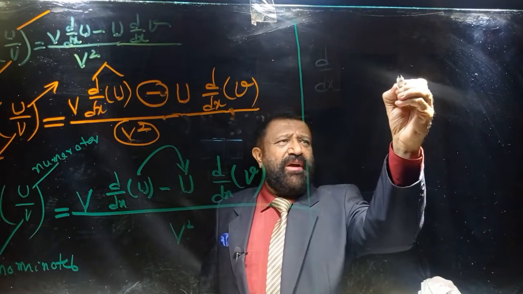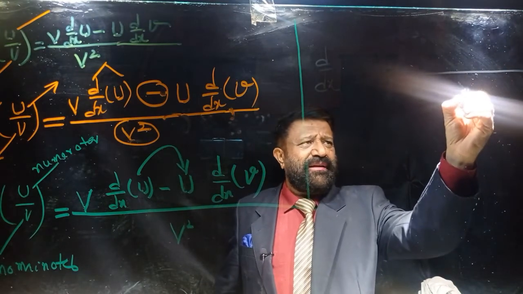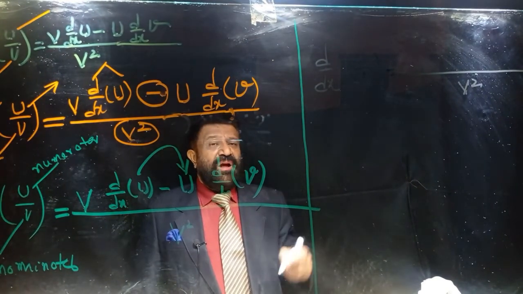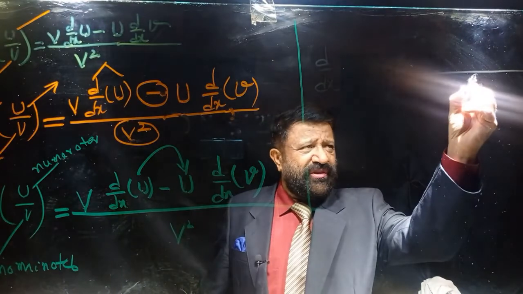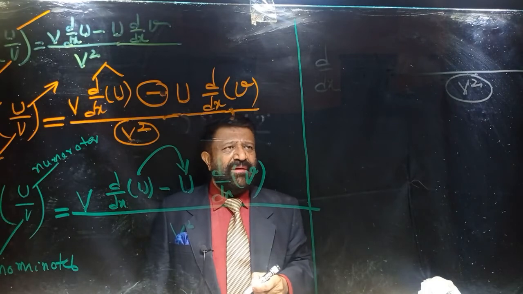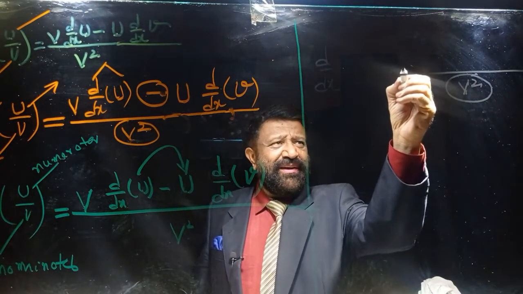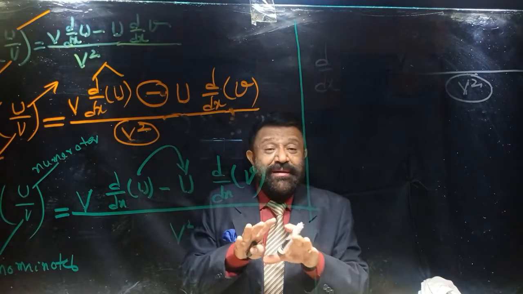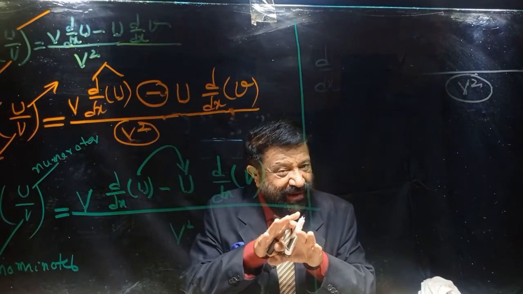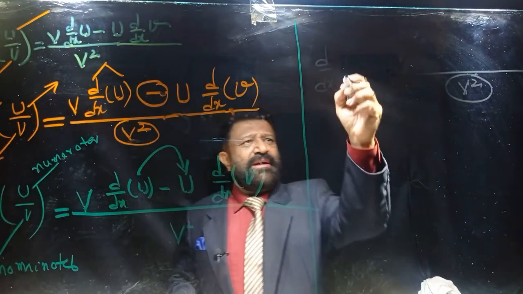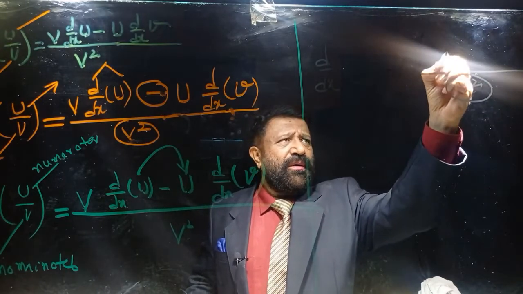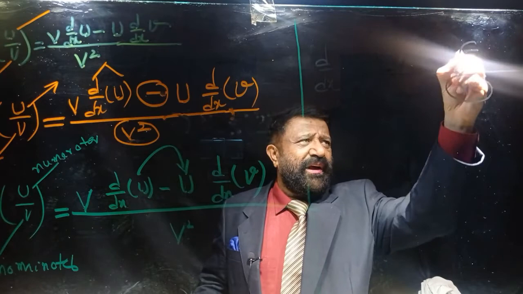So it is simple: you take the square of this denominator. Why did you do this? Because this is an integral part of the quotient formula. And then write v here, but there will be no square, only v, and take the derivative of u. Then place minus over here.